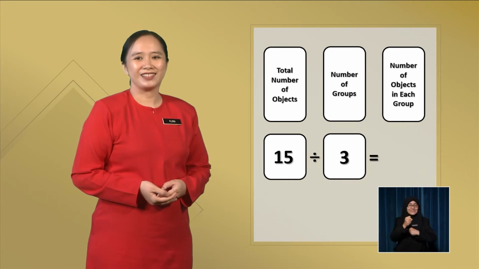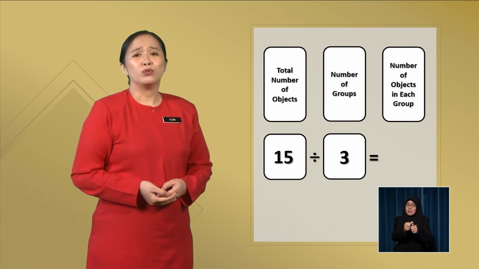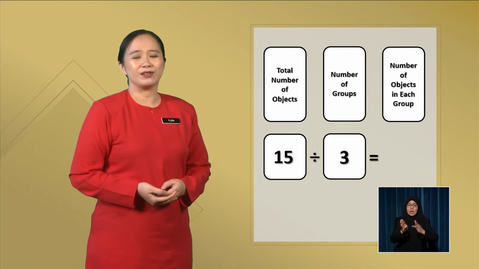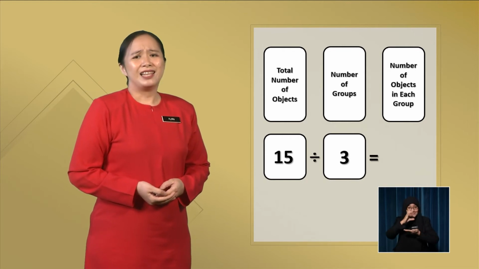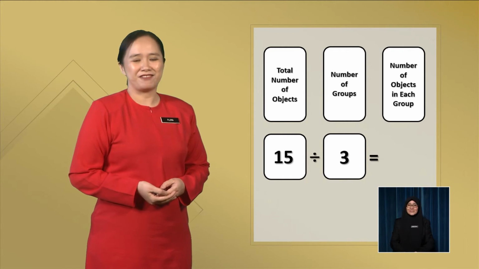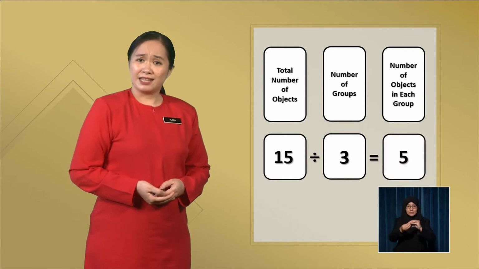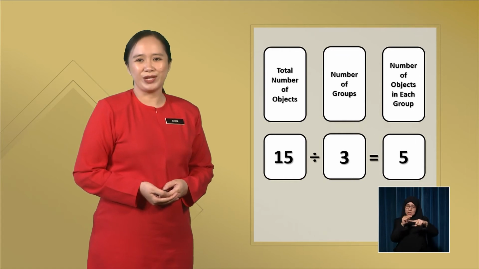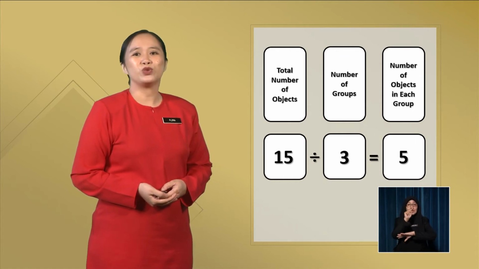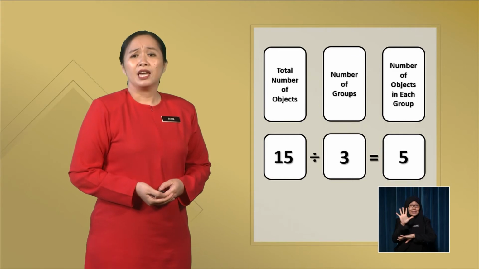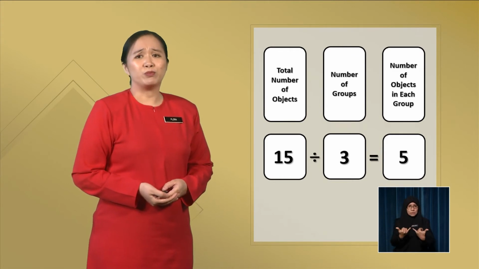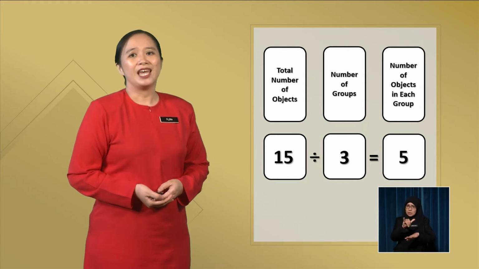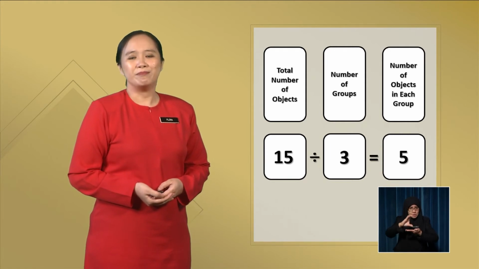That's right. Each child will receive 5 boxes of cereals. Let's write the number 5. Therefore, 15 divided by 3 is equal to 5. Now, I will put an equal number of these cereal boxes into 3 bags.